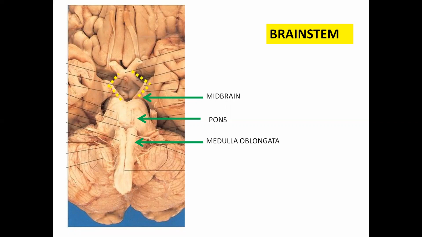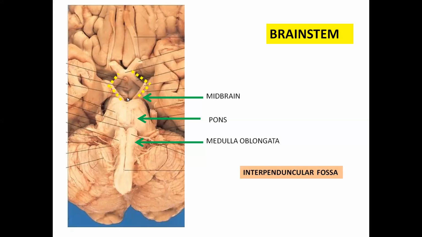The area enclosed between the dotted lines, what is that? The interpeduncular fossa. Okay. It is bounded anterolaterally by the optic tract, posterolaterally by the crus cerebri of the midbrain. That's the stalk of the pituitary, the tuber cinereum, the mammillary body, the posterior perforated substance.